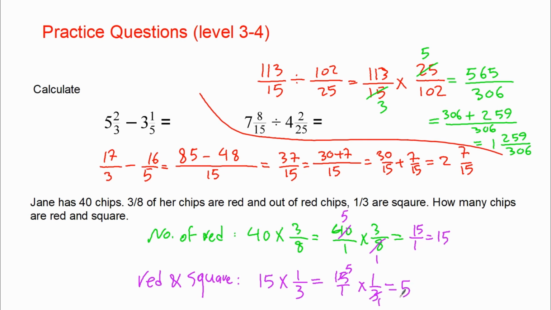So 5 out of 40 initial chips are red and at the same time are square. The important point about this final question and this sort of text type questions is that you need to read the question carefully.